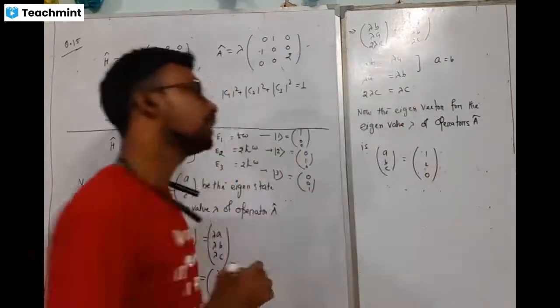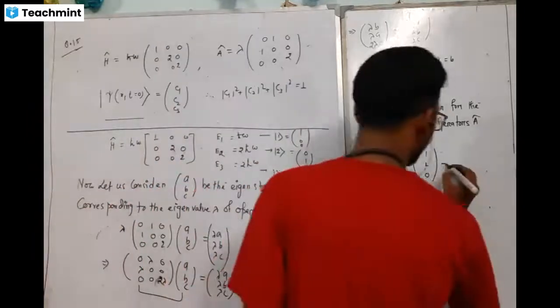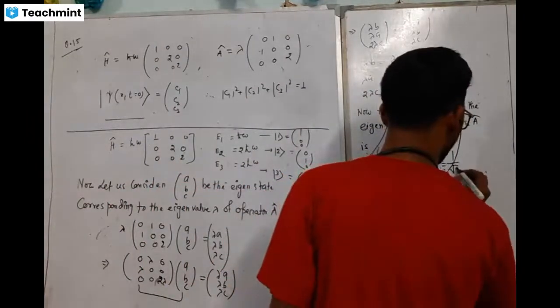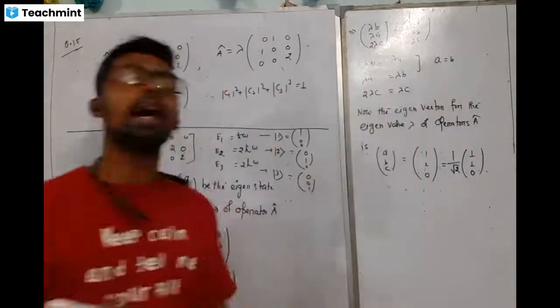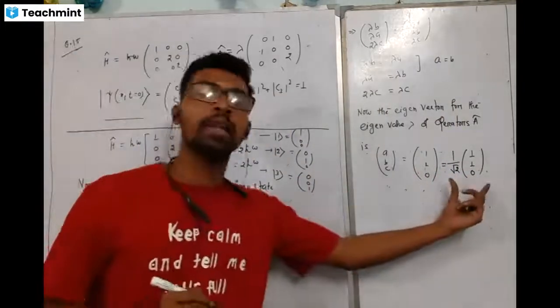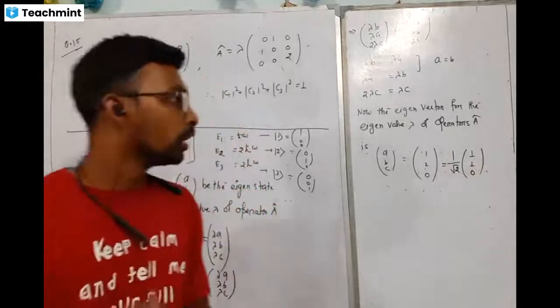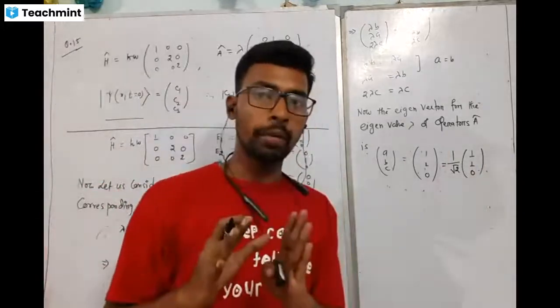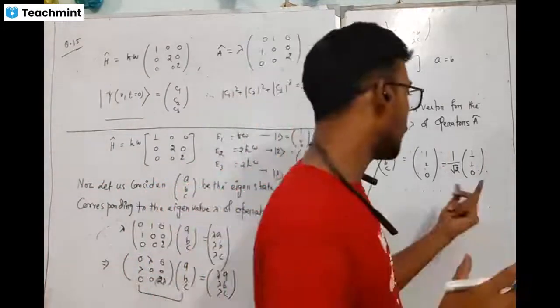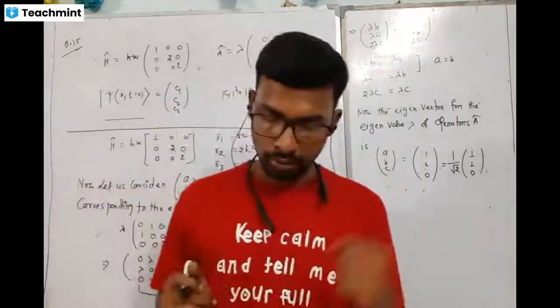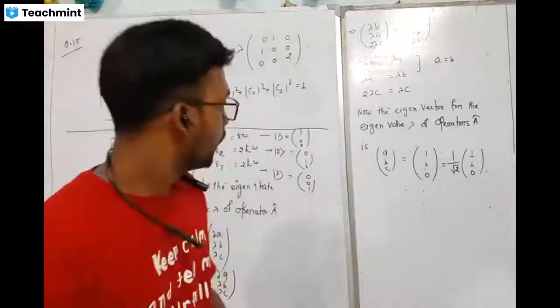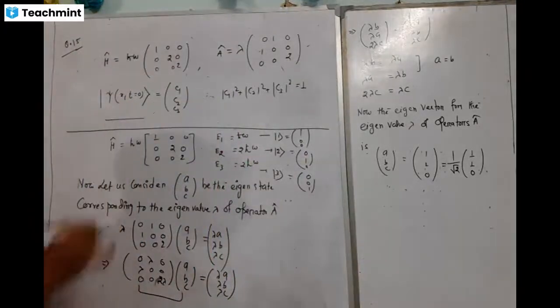So we can normalize this, and this is equal to 1 upon root 2 times 1, 1, 0. So this is the eigenstate for the given eigenvalue lambda of this operator. So for the eigenvalue lambda we can find the eigenstate, and this will be 1 upon root 2, 1, 1, 0. Okay, let's now express these expressions with respect to time.